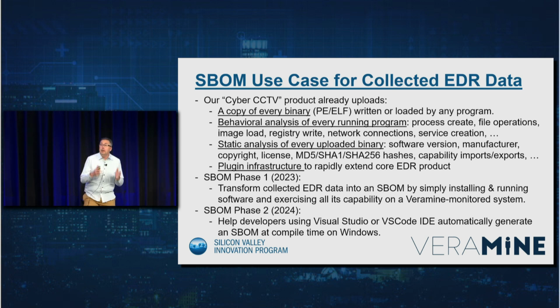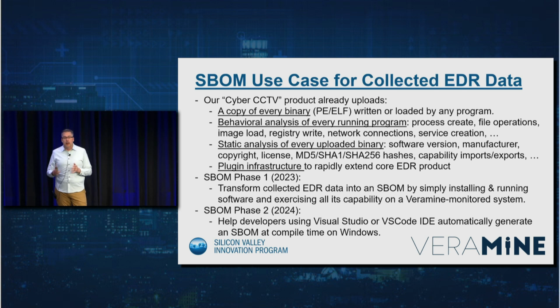And it is very rare to find Windows software that comes with an SBOM. So that's why we want to give end users the ability to either generate their own SBOM for the software they use, or when vendors do provide the SBOM, sometimes it's wrong. So we can help users compare the ground truth of what the software they use versus what the vendor provides. But we also want to give that capability to developers, and that's what we're working on in phase two.